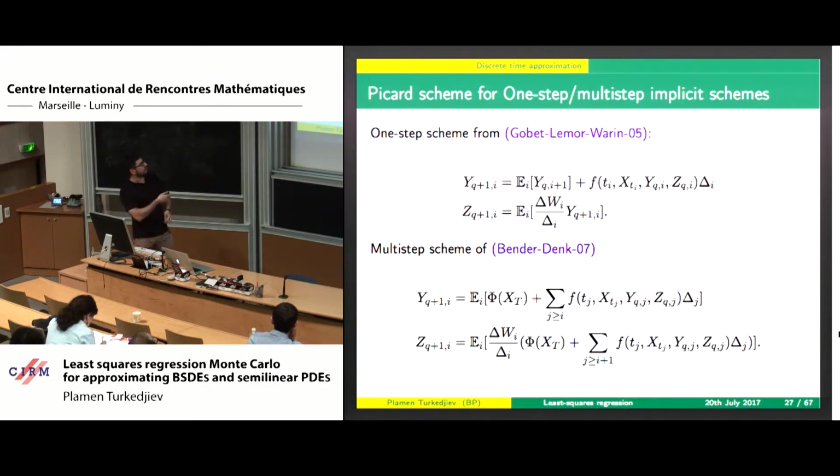And then you sequentially solve for y and z by plugging in the value of y and z that you already computed in your last iteration and working repeatedly backwards over the whole time grid. So this is just a Picard type scheme. You either do it one step at a time, or you do all the steps in one go.